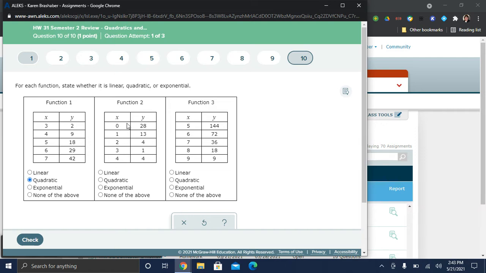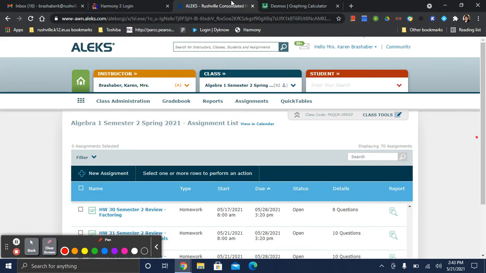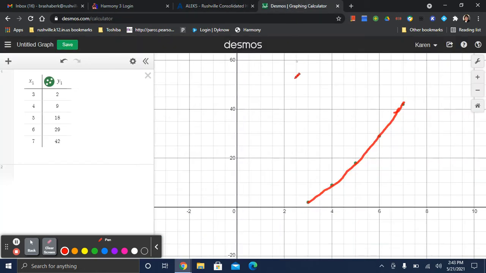Okay, let's take a look at your second one. So on the second one, my x's are the 0, 1, 2, 3, and 4. And my y values, as you can see, look like this. So we'll go back to the Desmos calculator.